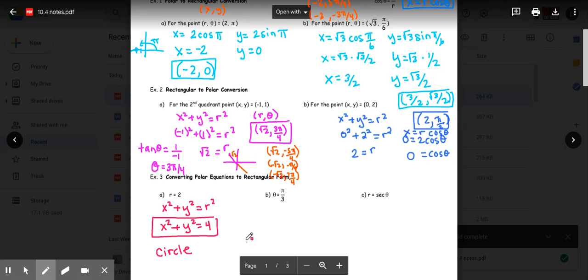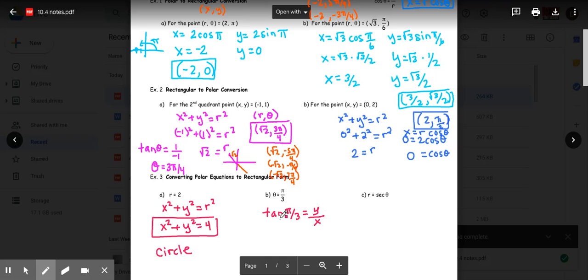Okay. This next one here, theta equals pi over 3. So we need to get in terms of x and y. Well, we know that tangent of theta, so we'll put theta in there, tangent of pi over 3, is y divided by x.